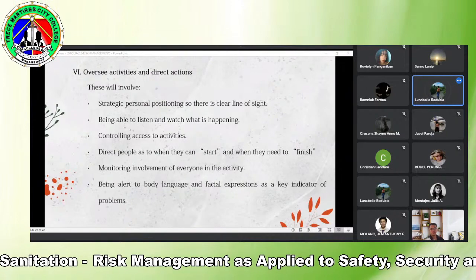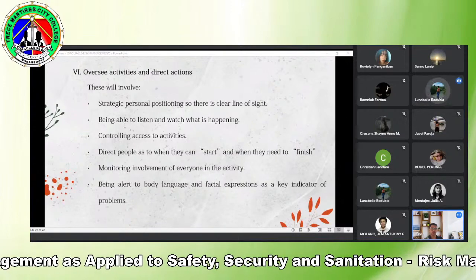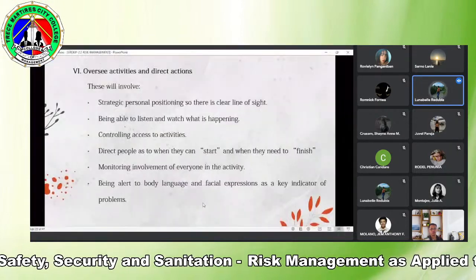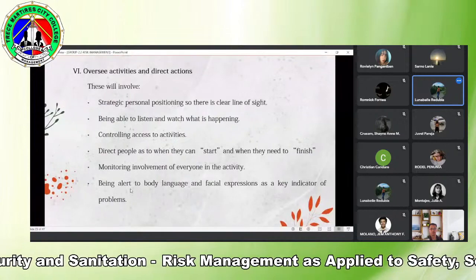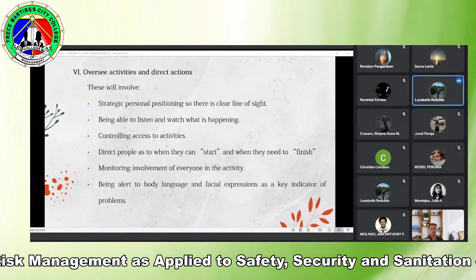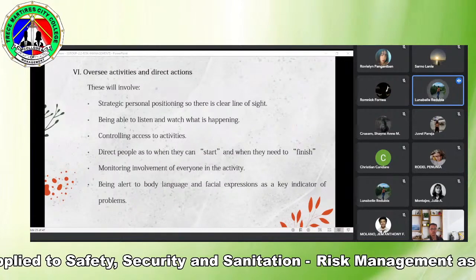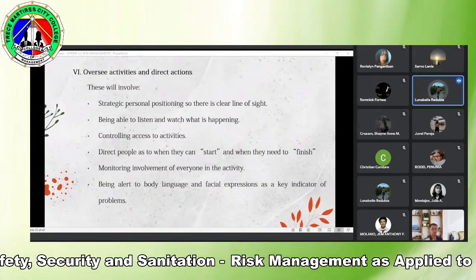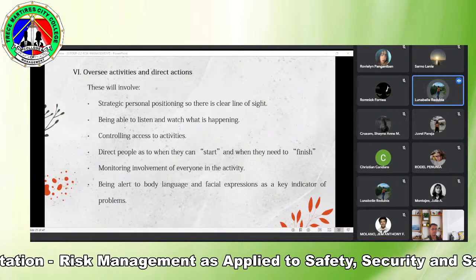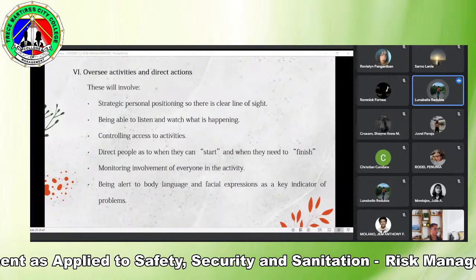Kahit mga simpleng tapikan or tanguan, even sa mata, kasi once na nagsesenyasan sila tapos nagiging suspicious ka na sa isang tao, maaari po yung mag-cause ng problema. So dapat alerto po tayo sa mga ganong tao, and tulad po ng sinabi ni Sir kanina, meron po tayong process at isa po dun yung pagmamonitor po dun sa tao na nagiging suspicious ka na po.